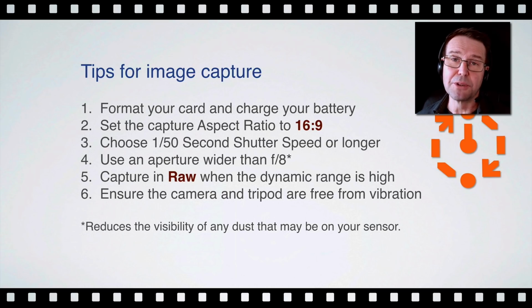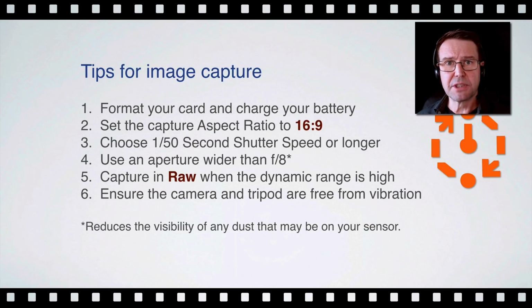First of all, I would perhaps start with a newly formatted card, especially if you want to shoot maybe thousands of shots for a very extended time-lapse clip. I would also set the aspect ratio to 16:9 because that is going to be the shape of a movie that you output.